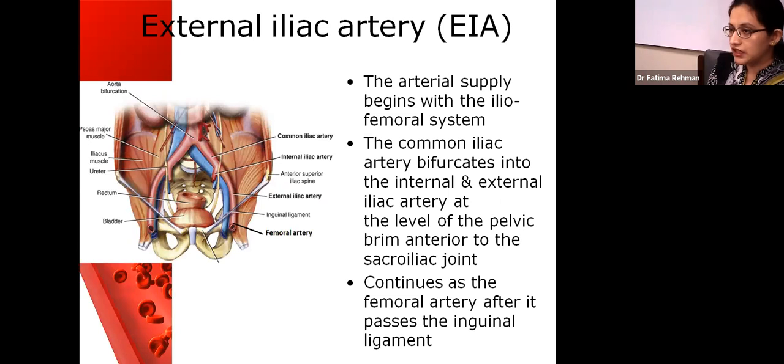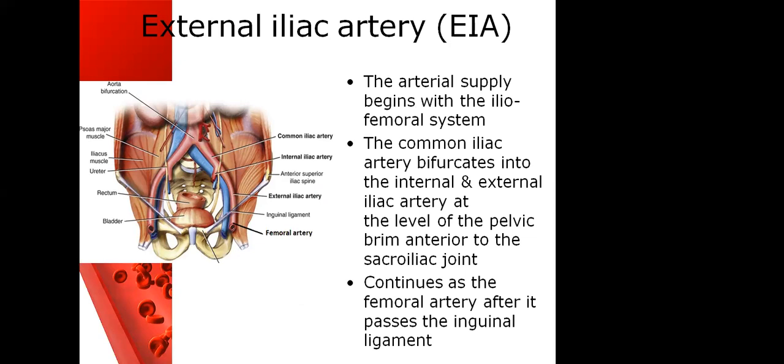Now moving on to the external iliac artery, the arterial supply in the lower extremity begins basically with this iliofemoral arterial system. And the common iliac artery is bifurcated at the level of the sacroiliac joint in the pelvic brim. Pelvic brim, मैंने आपको पहले भी बताया था, that is the line of demarcation between the true pelvis and the false pelvis.